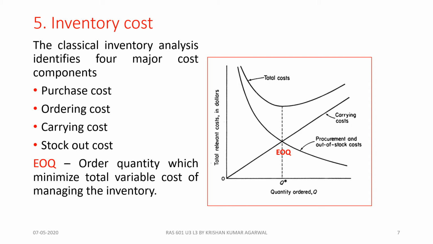When we talk about purchase cost, as I told you, it's a unit cost of inventory, which is paid to the supplier for procuring 1 unit of inventory. As the number of units increases, the unit cost may decrease to some extent only.